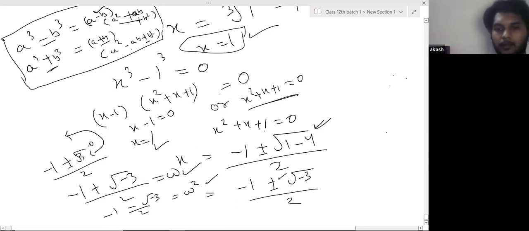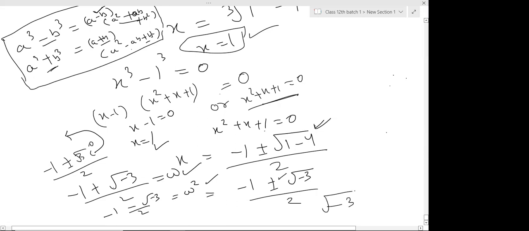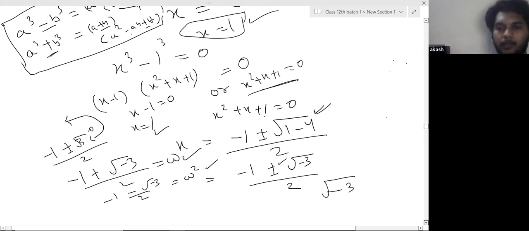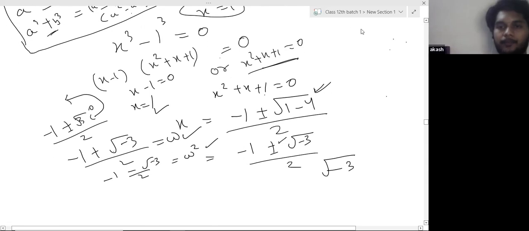Yes. All right, let's see. Minus root 3 under root. Can I write this as minus 1 into 3? Right? So this is under root minus 1 into under root 3.